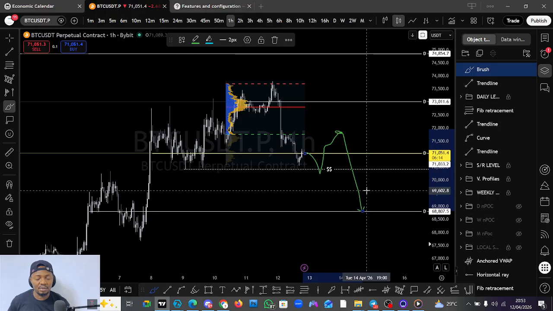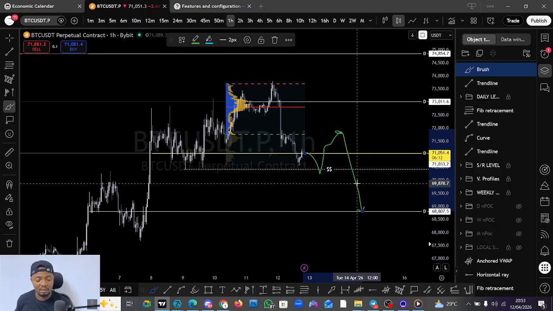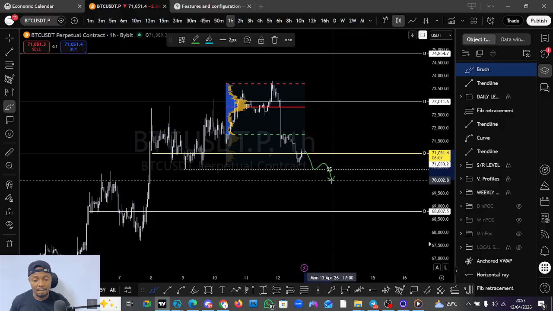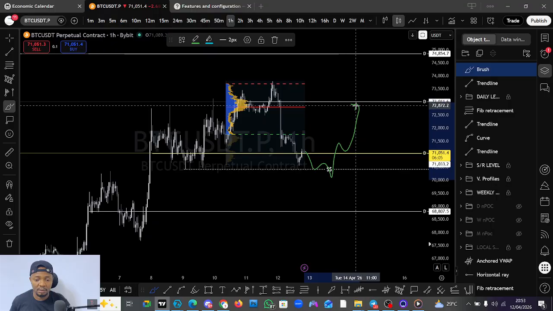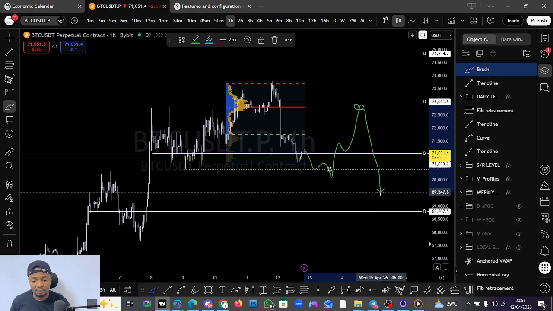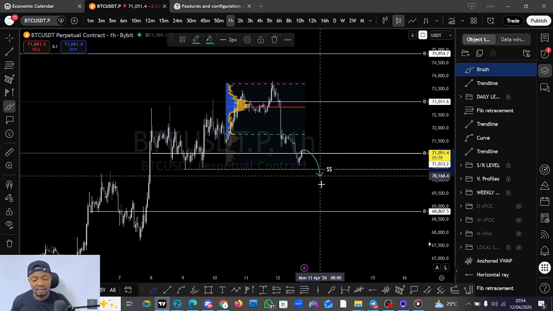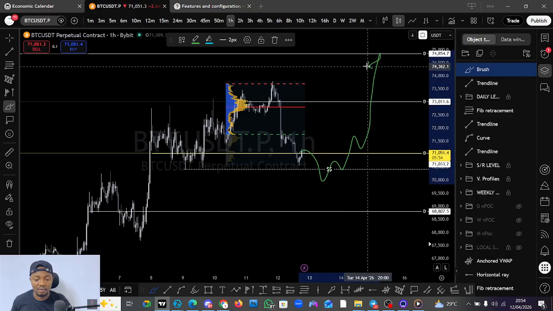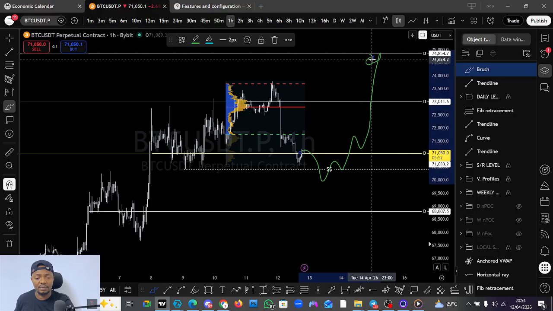These are possible scenarios, but that's what I see this week. Overall, we expect this. Then this is very possible, or after this, price could keep going higher and higher to 74k and above and thereafter.